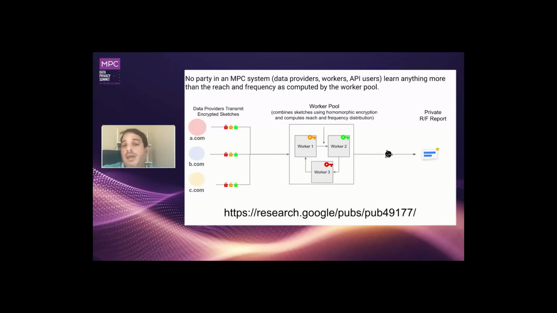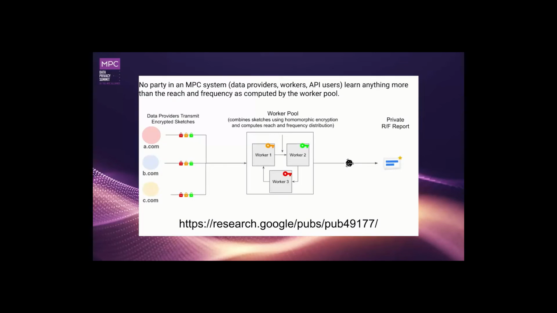And this is exactly where MPCs can help. What MPCs allow us to do is to process the data in a way that, either by using homomorphic encryption or other MPC techniques, the intermediate data is not decryptable or accessible to the nodes that are processing the data.